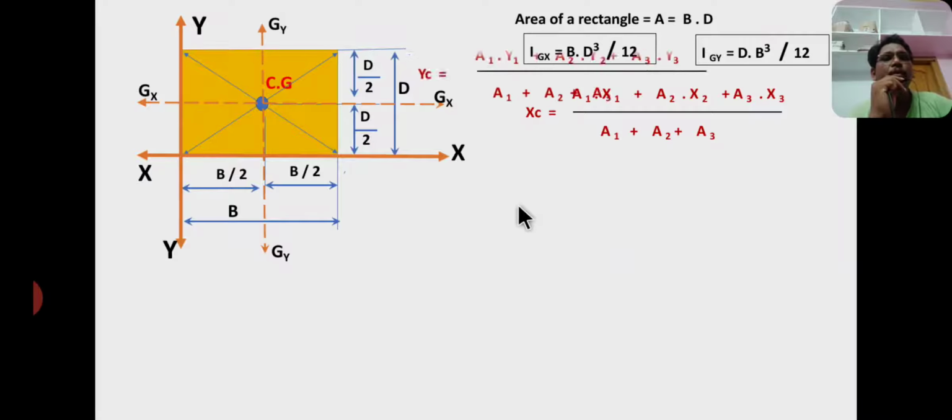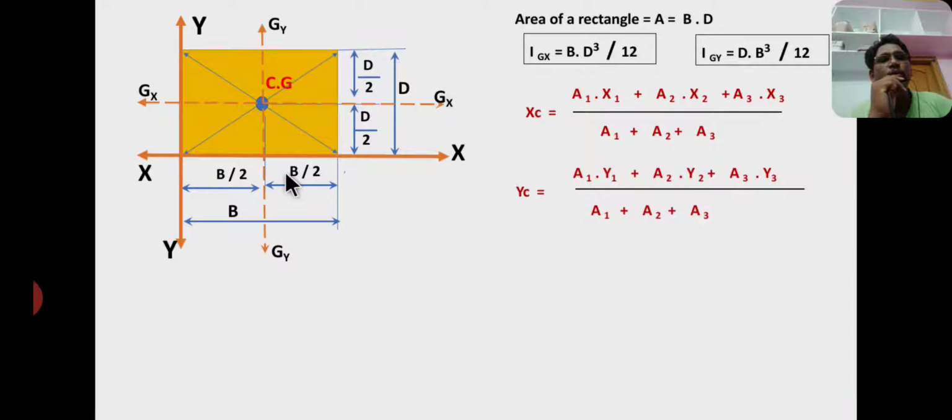Similarly YC equals the vertical distance between centroid and x axis. The vertical distance between centroid and x axis is called YC. For composite sections, I consider multiple areas.